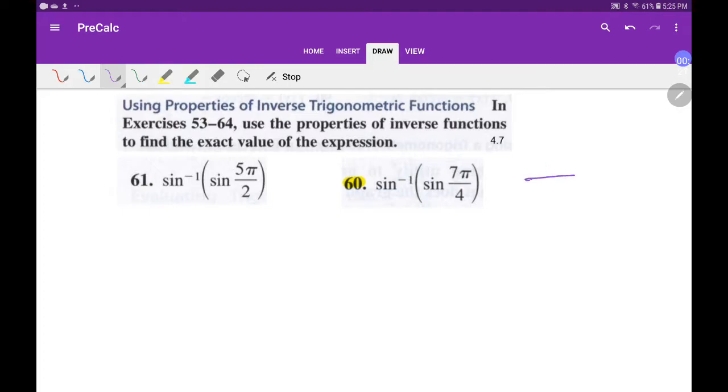If you recall, the sine wave looks like this, and it goes between 1 and minus 1. So whatever sine tells us, it's going to be something between 1 and minus 1, and so the inverse sine is going to be fine with that. It's not going to be outside of its range. It's going to be delighted with that.